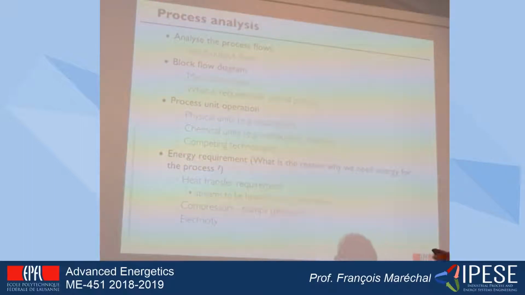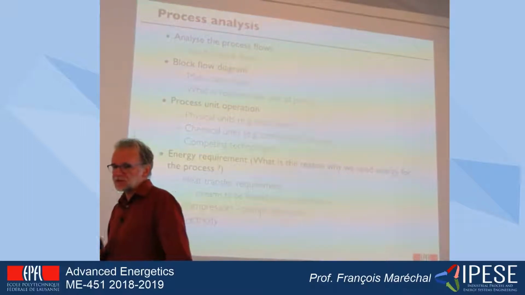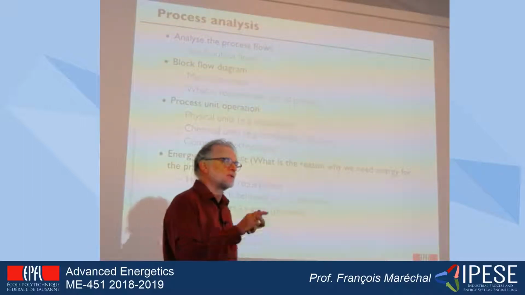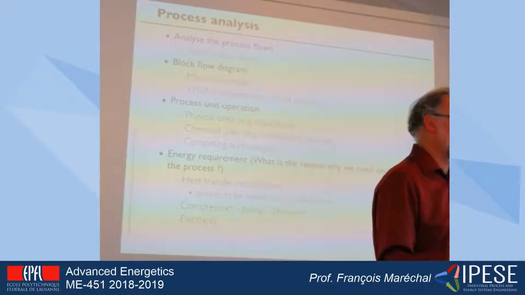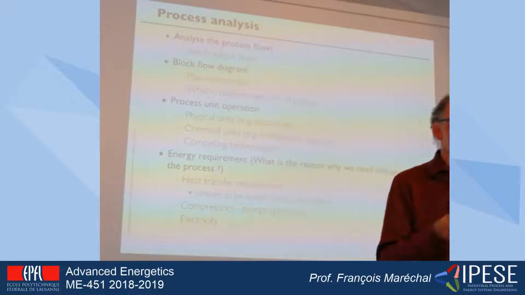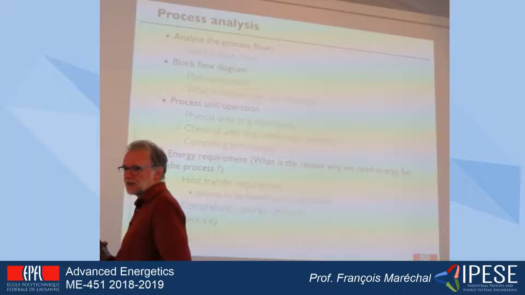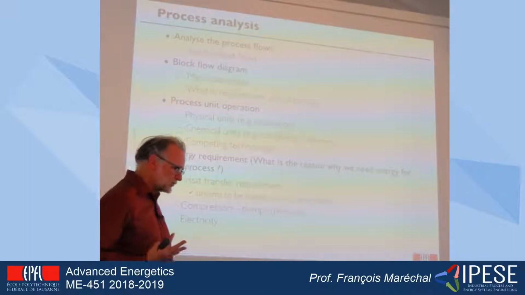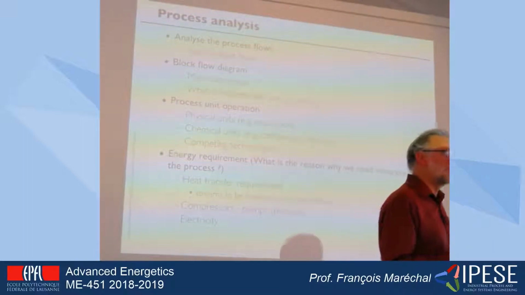And then we have to understand in each of those unit operations, what is the role of energy? So why do I need energy? Do I heat just to increase the viscosity, or do I heat because it creates a chemical reaction? Okay, so it means that I have to understand the reason why I need to reach the temperatures that are needed. And the same for the use of compressors in the system.